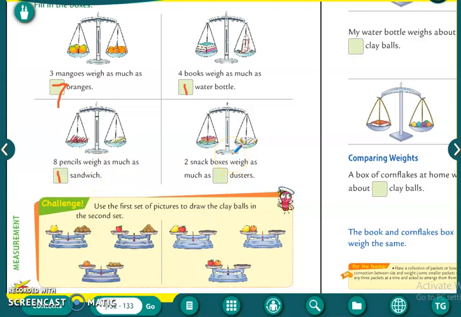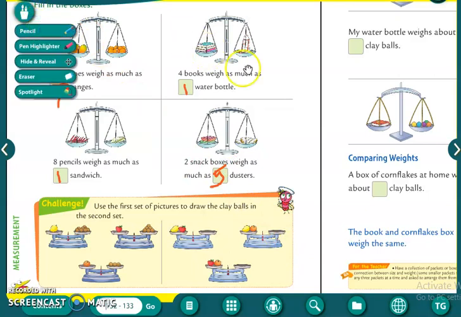Then 2 snack boxes weigh as much as how many dusters? See how many dusters are there? 1, 2, 3, 4 and 5. So write over here 5. Now similarly we will do the next page also.